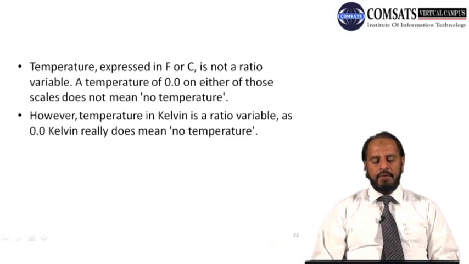We already talked about temperature as an example of an interval scale, but we want to make sure that when we say zero temperature, when we say what is the temperature of the room, 0 does not mean there's no temperature. 0 might mean that it is cold, very cold or nearly freezing.